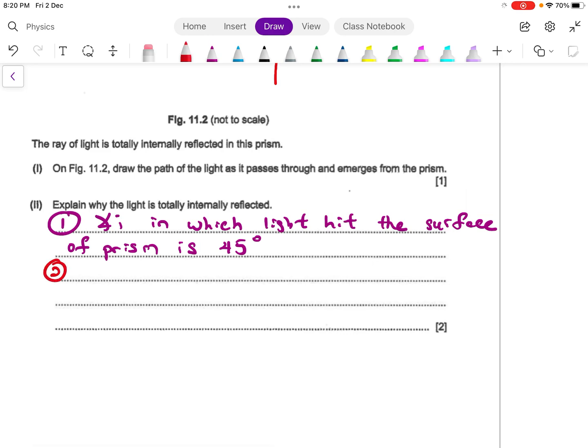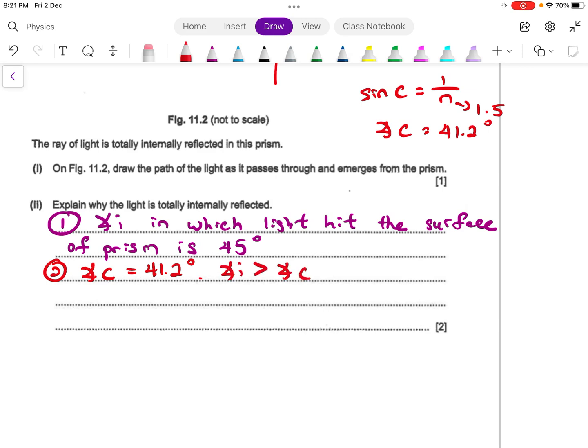Second credit, you can say that since sin C equals 1 over n, when my n is 1.5, the critical angle you should get roughly 41.2. So the critical angle of the glass prism is equal to 41.2 degree. Since your angle of incidence is greater than the critical angle, hence TIR occurs. So that is how we approach this qualitative question.